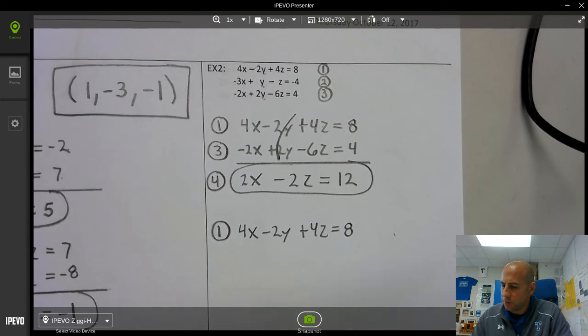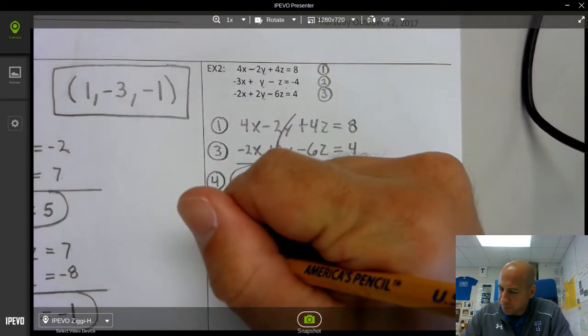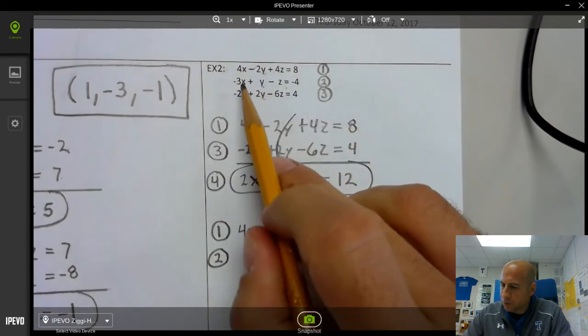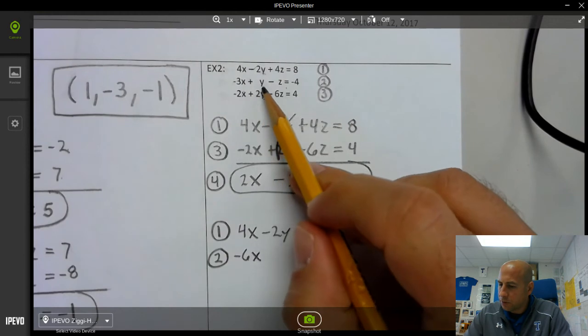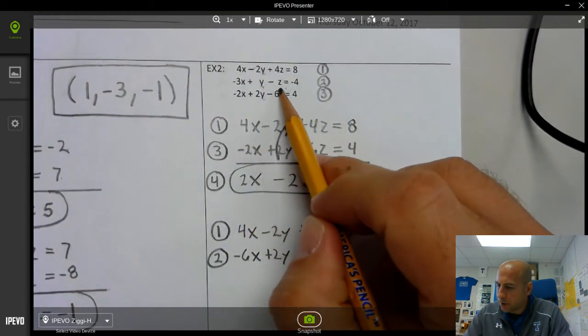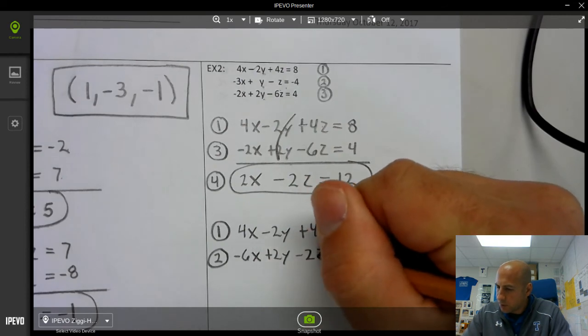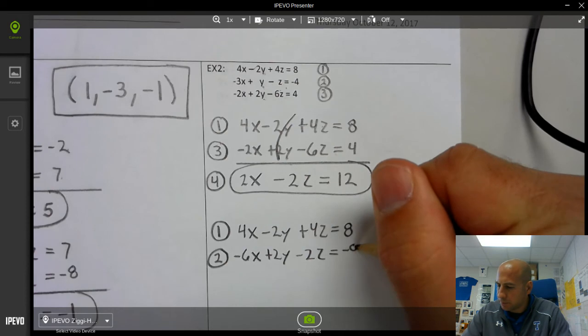And then 2. Now I'm going to have to multiply everything by 2. Okay? So 2 times negative 3 is negative 6x. 2 times 1y is 2y. And then 2 times negative z is a negative 2z equals 2 times negative 4 is negative 8.